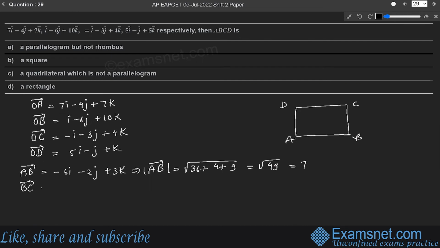Similarly, BC vector will be equal to minus 2i plus 3j minus 6k, and therefore modulus of BC vector will be equal to under root of 4 plus 9 plus 36, which is equal to under root of 49, which is equal to 7.